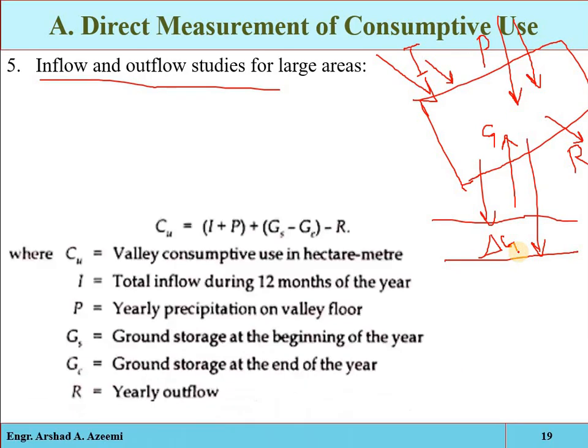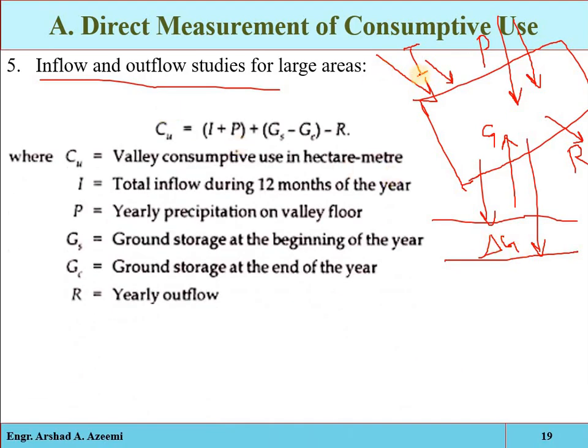So the consumptive use will be equal to the surface inflow plus the precipitation which occurred in the valley, plus the change in the groundwater reservoir, minus the run-out water.